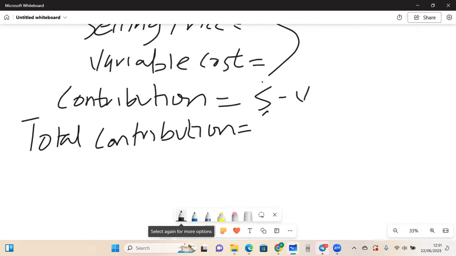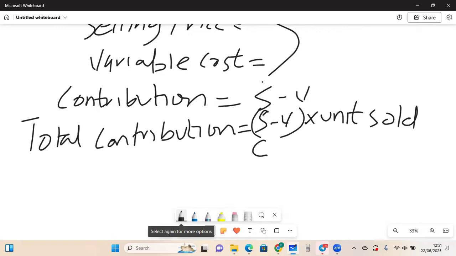So it's basically (S minus V) times units sold. So contribution times units sold, that is for total contribution. Keep that in mind.